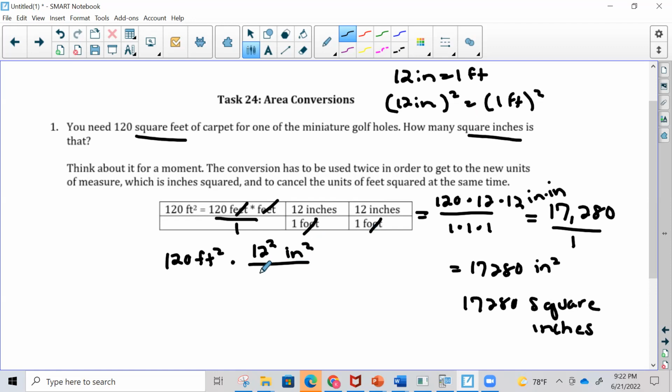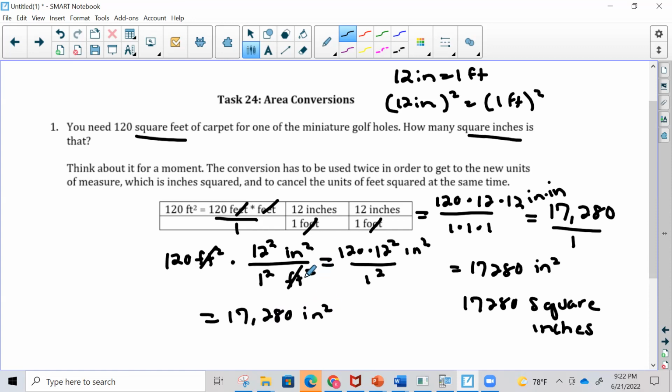And then I'm going to square this 1 squared and the feet squared. So you have to square the number and the units. Then the feet would cancel, and I would get 120 times 12 squared, which is the same as this 12 times 12 inches squared, over 1 squared. And if you simplify that, you would still get the 17,280 inches squared. So it's 2 ways to write it. You can write it whichever way you're more comfortable with. There will be a few questions on the homework that ask for the answer in multiple choice, and they'll write it this way.